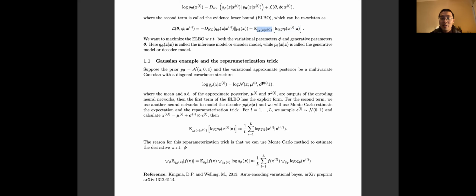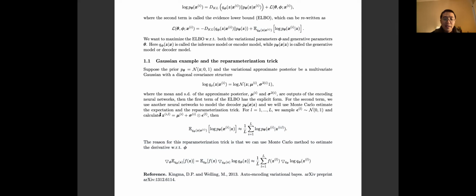So if we have mu and sigma, then we can sample Z from this distribution. And then we can calculate our decoder model based on Z, that is this form.